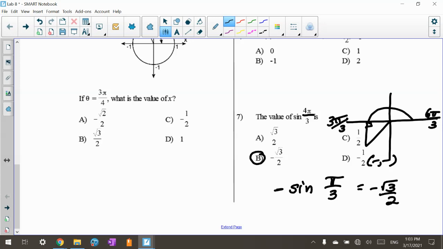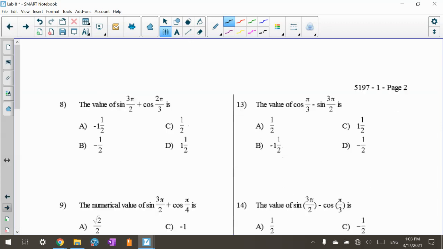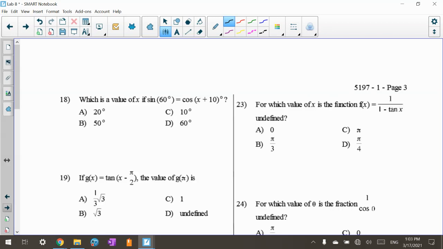So I'm going to skip around a little bit, because a lot of these are similar. I'm going to see if I can find some here that have the reciprocal functions. So I'm going to skip all the way to number 18. 18 has to do with cofunctions. The one thing I want to remind you about cofunctions is that cofunctions are complementary.